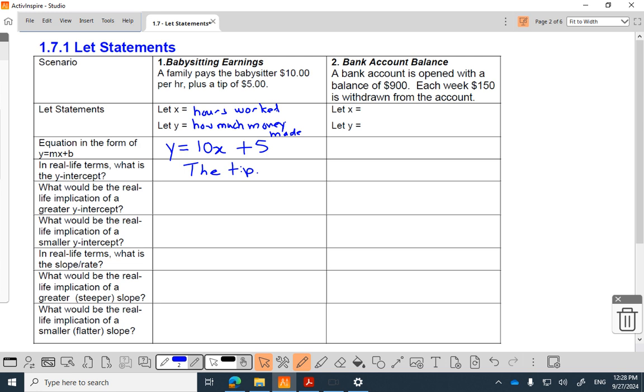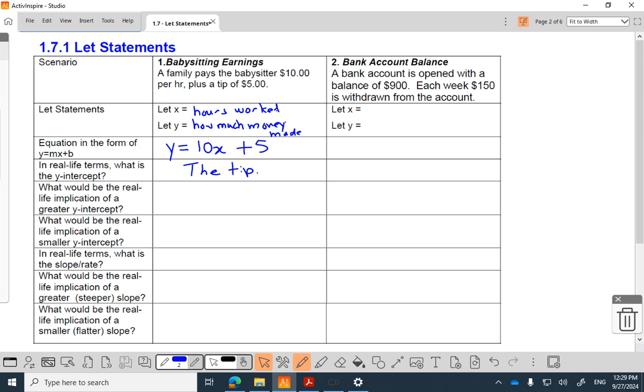It's like bringing it all back so you see all the way around what's going on here. And what is the real life implication of a greater y-intercept? What if your y-intercept went up in this case? What if they offered you a bigger y-intercept? What are they offering you? More money. Which kind of money? Is that more tip? Or is that more per hour? Tip. Okay.